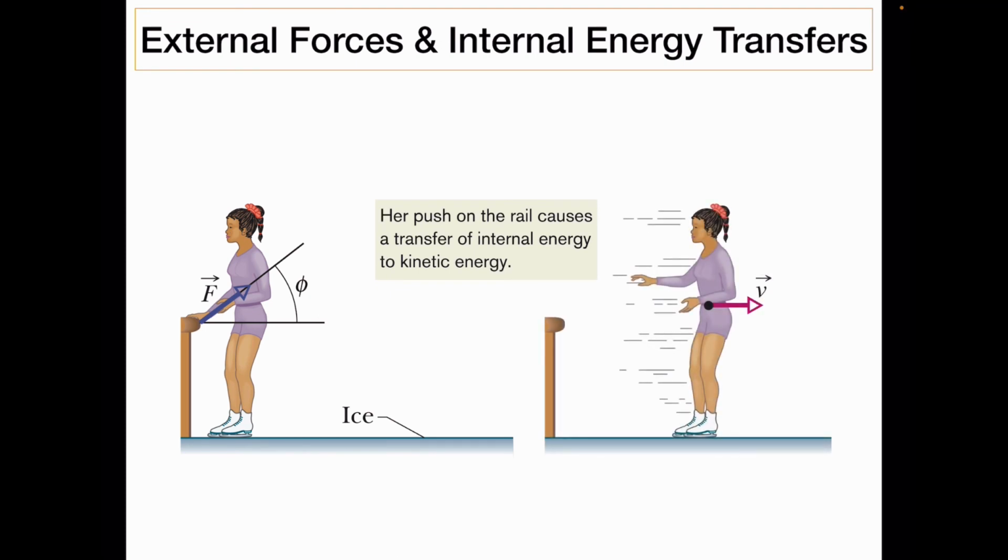Her kinetic energy increases because of the external force F on her from the rail. However, this force does not transfer any energy from the rail to her. Therefore, this force is doing no work on her.